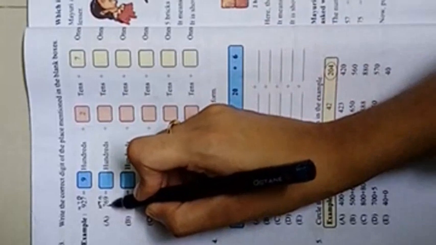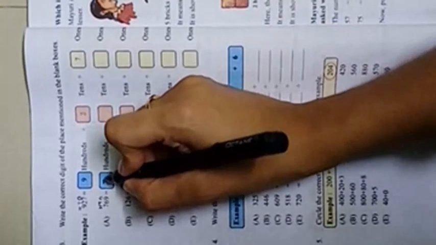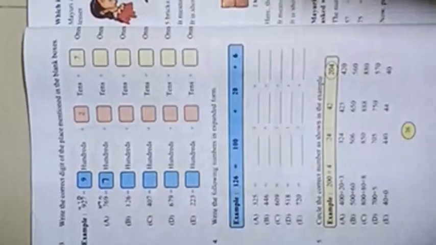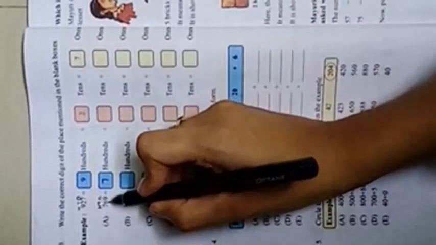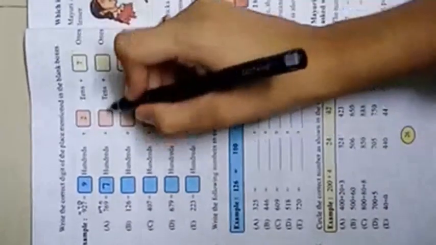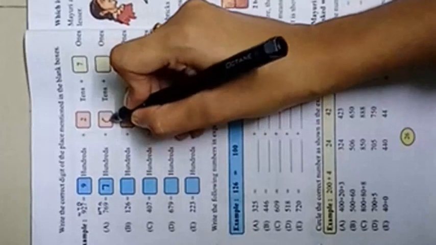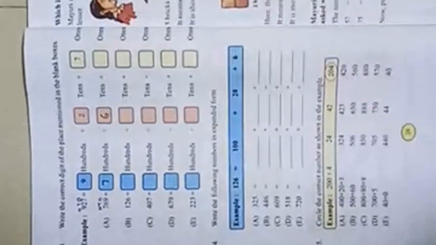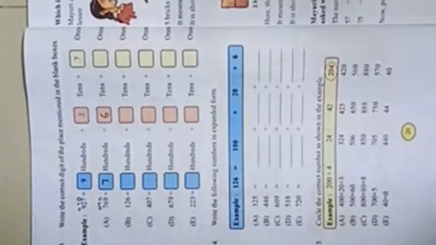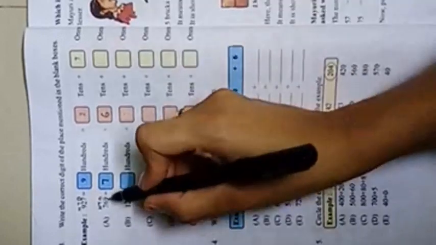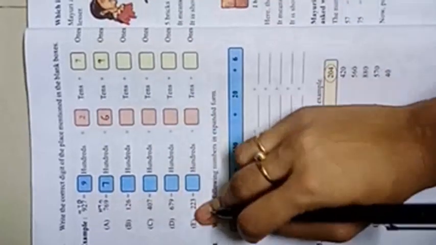Observe carefully, 7. So there are 7 hundreds. How many tens are here? 6 tens. You write 6 in the tens blank. How many ones are there? 9 ones. Very easy, no? I hope you can solve all these bits on your own.